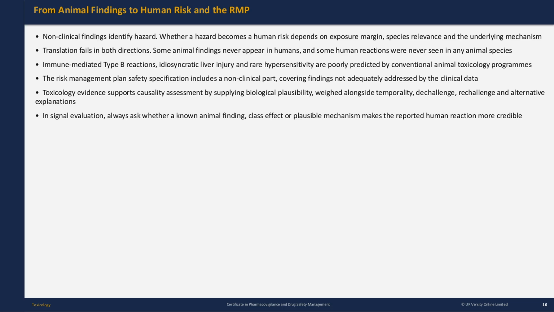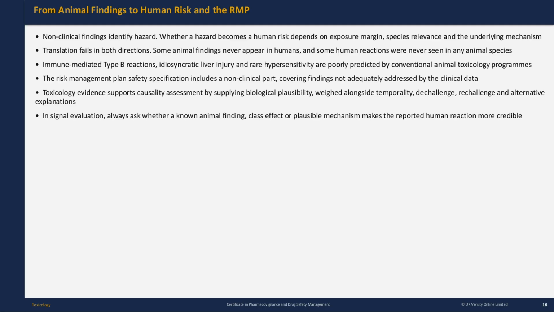From animal findings to human risk and the RMP, non-clinical findings identify hazard. Whether a hazard becomes a human risk depends on exposure margin, species relevance, and the underlying mechanism. Translation fails in both directions. Some animal findings never appear in humans, and some human reactions were never seen in any animal species.